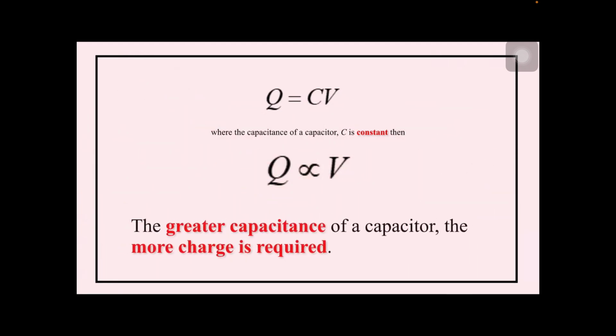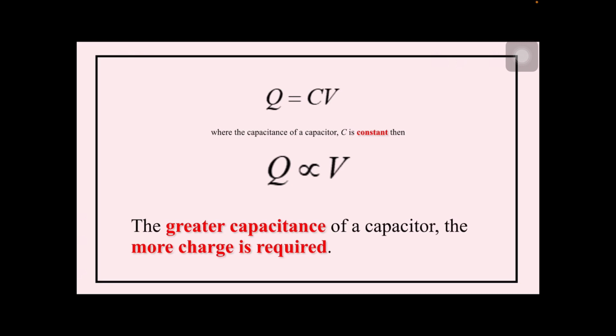By rearranging the equation from the definition of capacitance, C equals Q over V, we get Q equals CV, where the capacitance of a capacitor C is constant. So, Q is directly proportional to V. That means the charge stored Q is directly proportional to the potential difference V across the conducting plates.